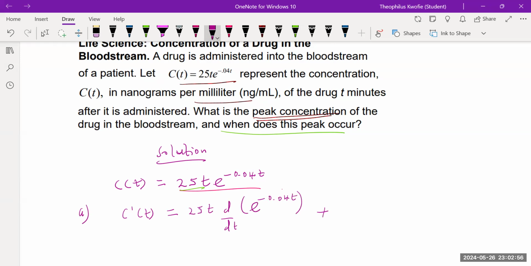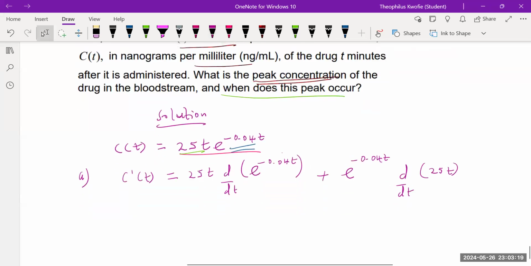Then we cover this one, which just means we keep it outside, minus 0.04t, and then differentiate the 25t. Is that okay? Good, good, good.